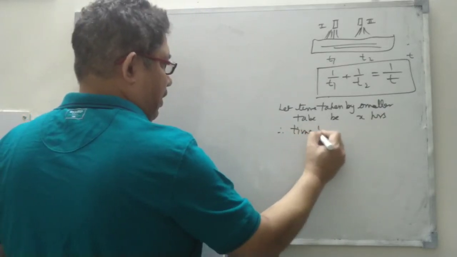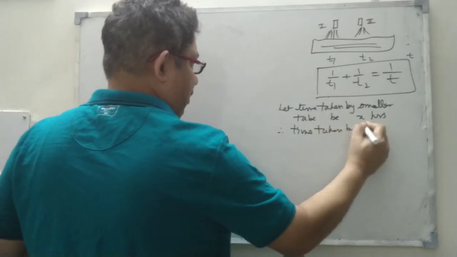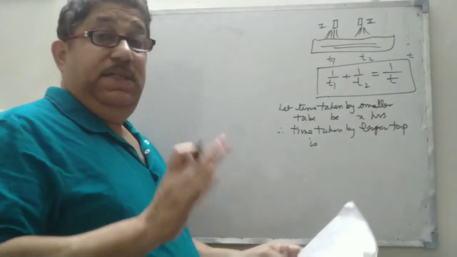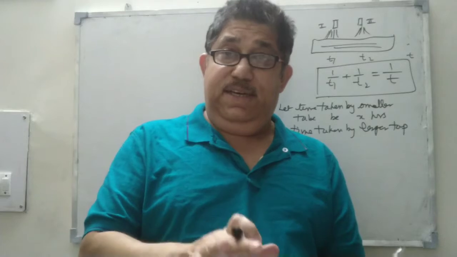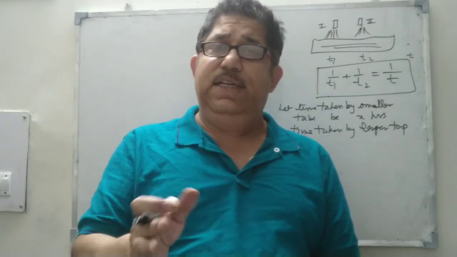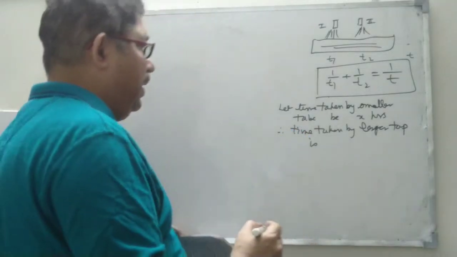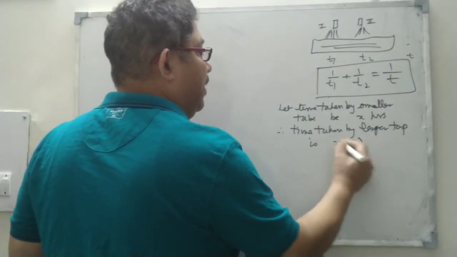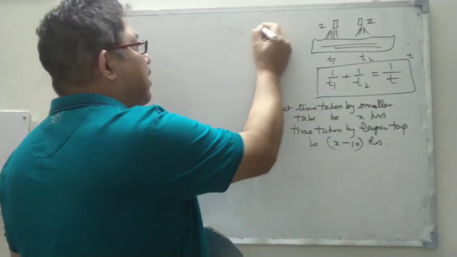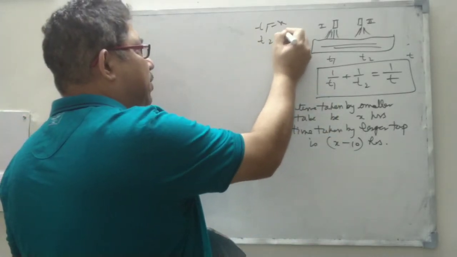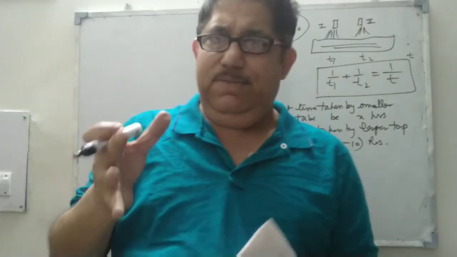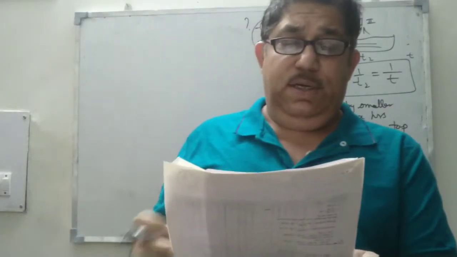Therefore, the time taken by the larger tap is 10 hours less. 10 hours less than what? 10 hours less than the smaller one. So X minus 10, and put that X minus 10 in brackets, hours. So T1 is equal to X, T2 is equal to X minus 10. So this is something we have in our mind.